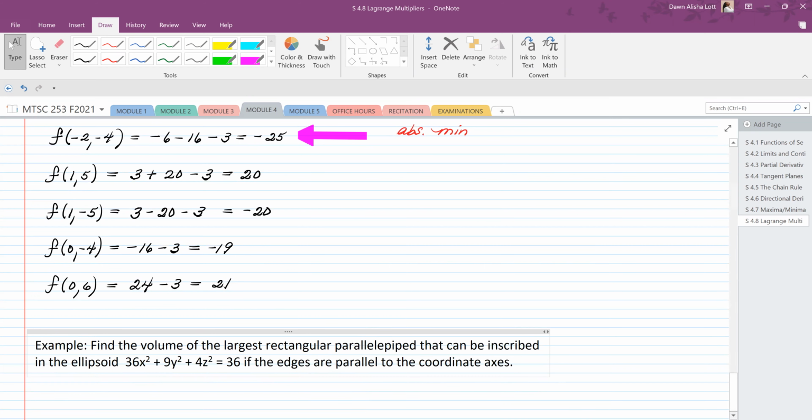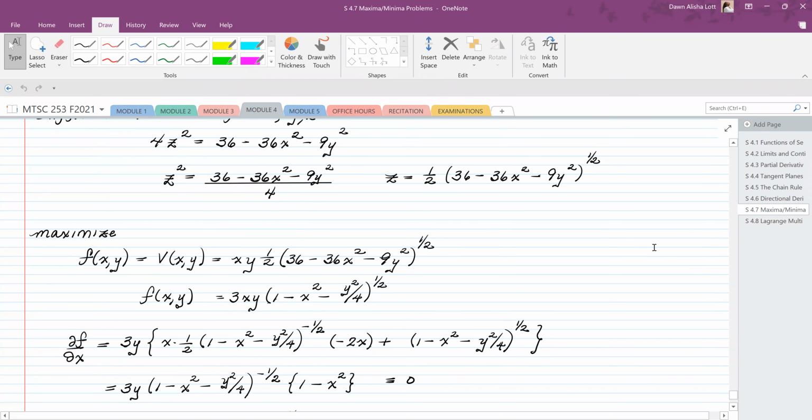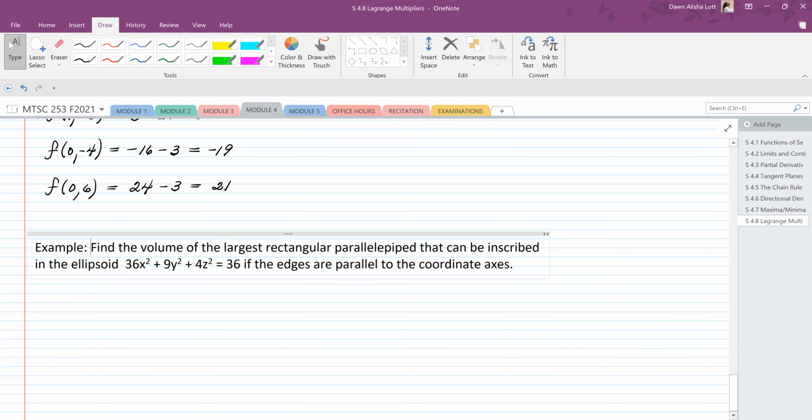You remember this problem? The ellipsoid? I remember we started doing it over here. Oh yeah, and you stopped. Okay, because I said I know a better way to solve this.